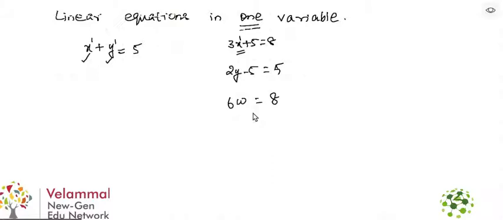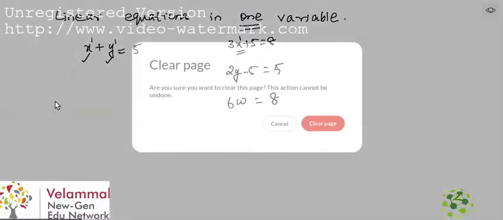We are going to solve linear equations in one variable in the first exercise. Listen to me carefully. Suppose you have the equation x minus 2 equals 7. What do you mean by solving? Solving means I want to find the values of x for which this equation is satisfied.